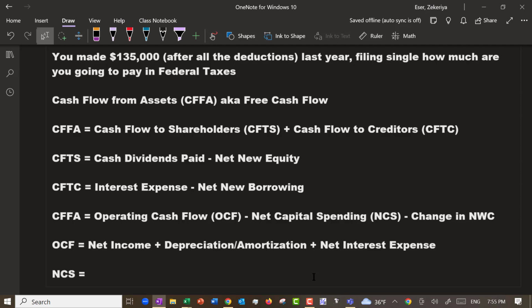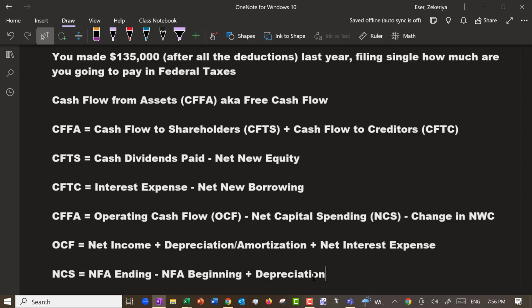NCS is equal to net fixed assets ending minus net fixed assets beginning plus depreciation. So if you start with $100 million worth of net fixed assets, but you ended up with 120.